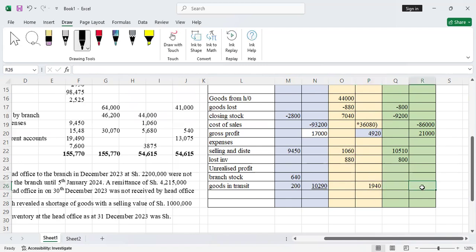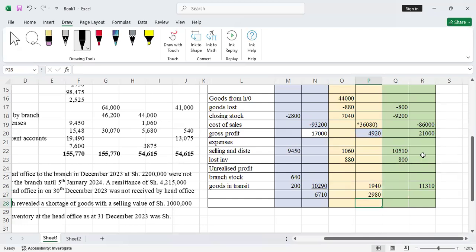Those are their total expenses. We have to put it in brackets. The gross profit minus the total of expenses. That is our profit. It equals the gross profit of the branch minus the expenses of the branch.